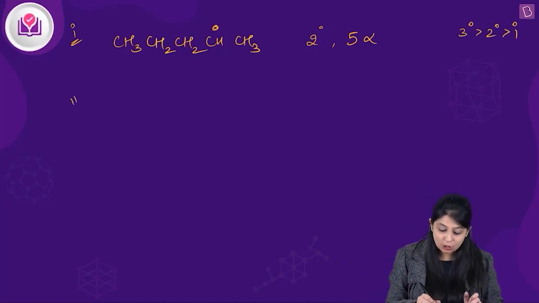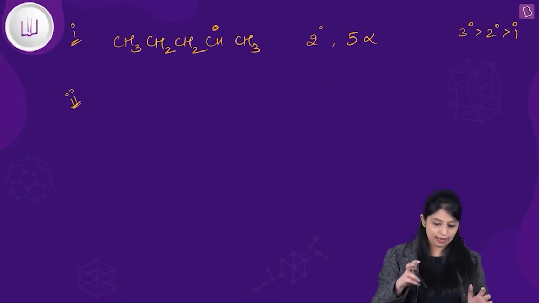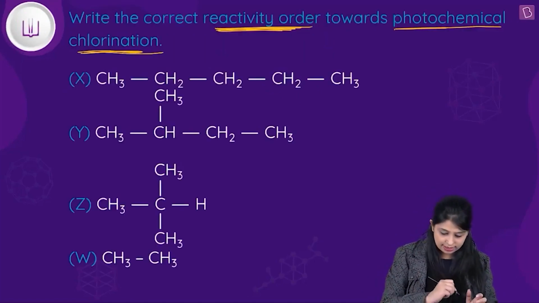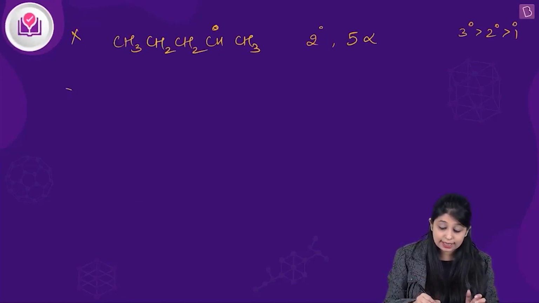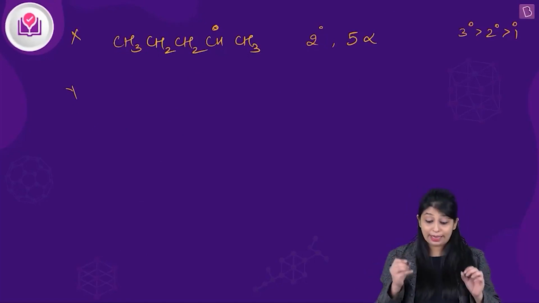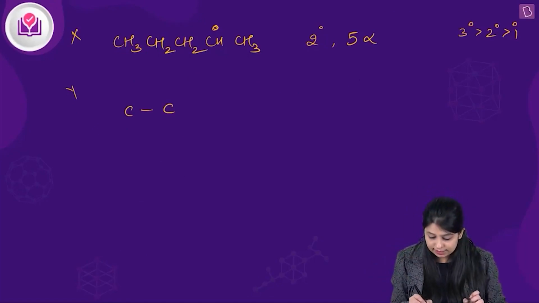Okay, so next molecule that we have. Let's give them names. So this is X and this is Y, and Y is isopentane. Okay, so we have C here, C here, C here. So CH3, CH3. Here we have H. This will be CH2 and this will be CH3.